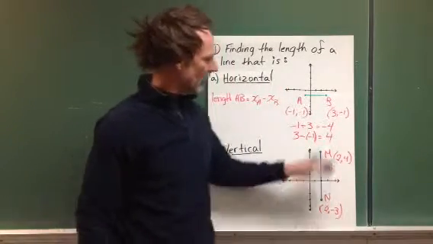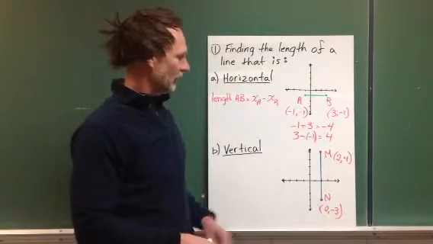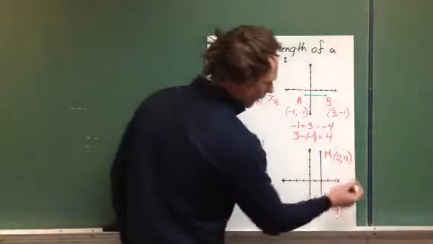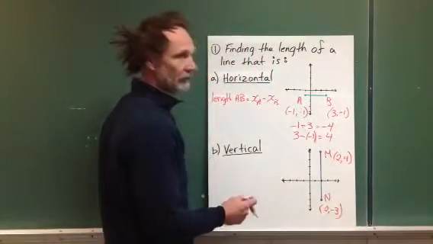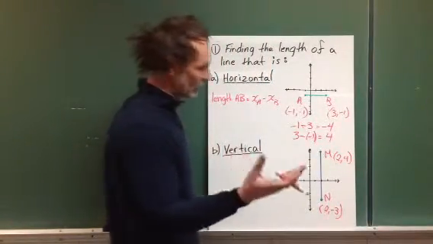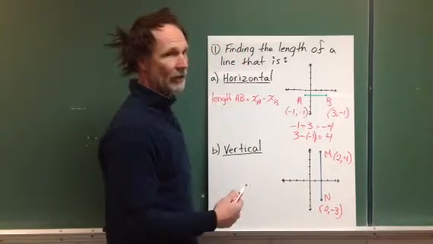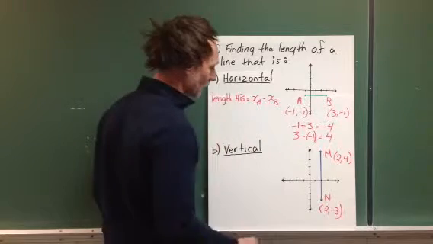So this time we can see that the x coordinate has not changed, however the y has. So if we take the difference in the y coordinates, 4 minus -3, that's the same as 4 add 3, we get 7. Or -3 subtract 4 is -7. But remember, the distance is still +7.